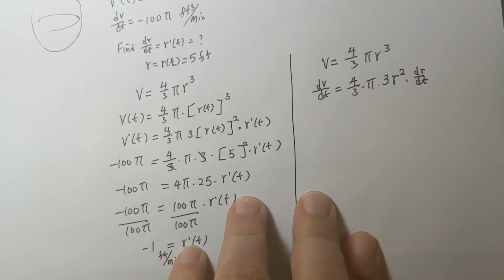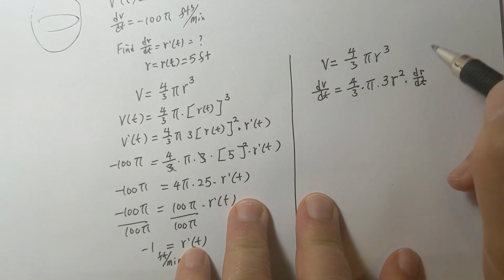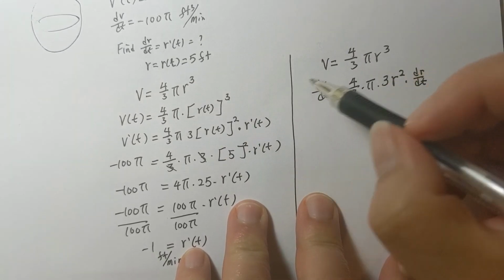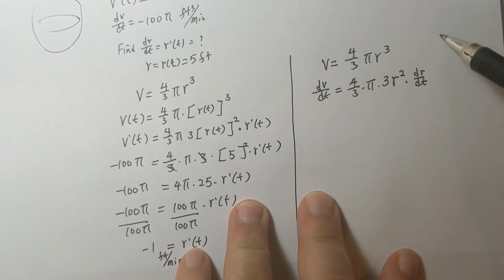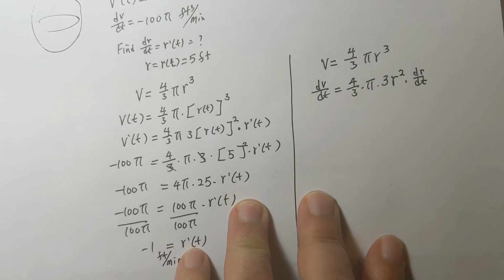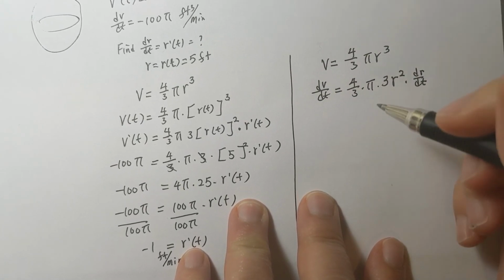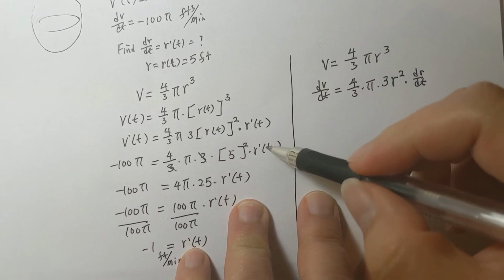One more time, I suggest you use this notation. If you don't like this one, don't use V prime and r prime, because some people already got confused when they're doing implicit differentiation. Every time you have a related rate, you have to use time in your derivative.